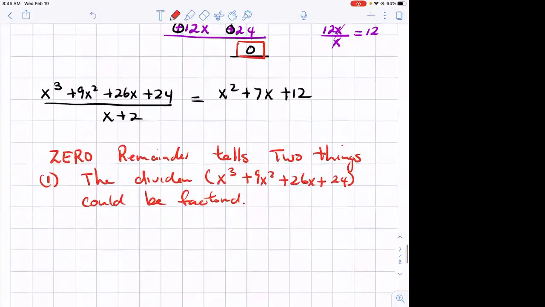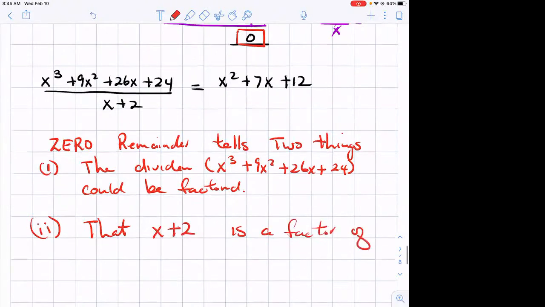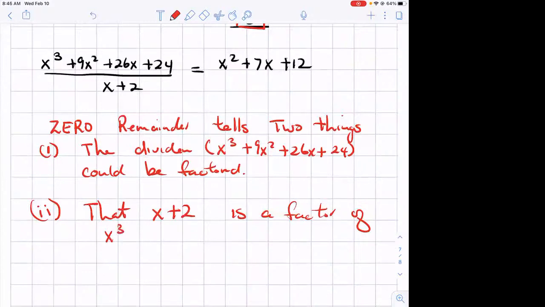And two, which is very, very important for you, it tells us that x plus 2 is a factor of the dividend x cubed plus 9x squared plus 26x plus 24.